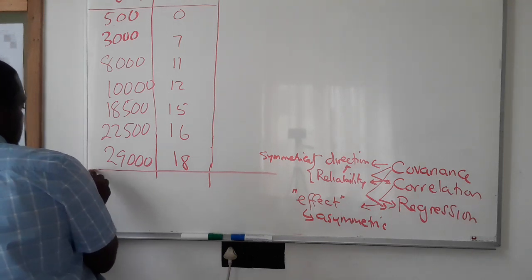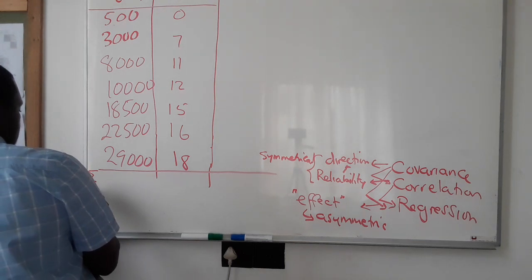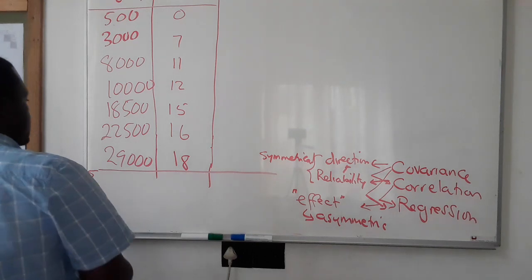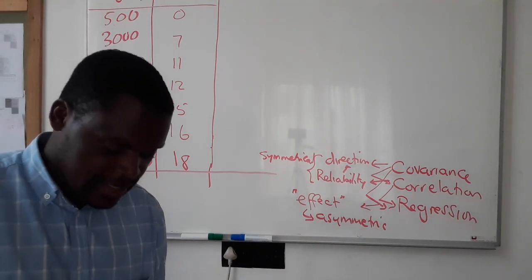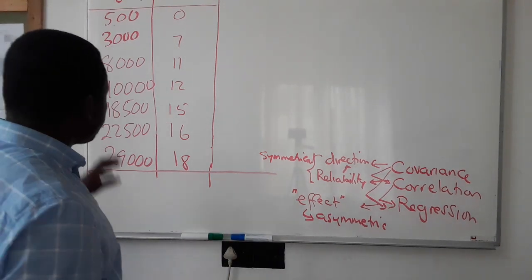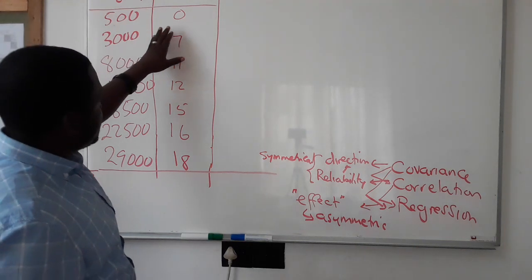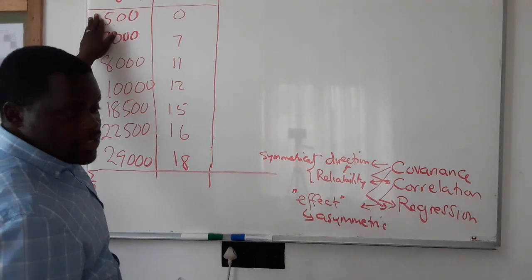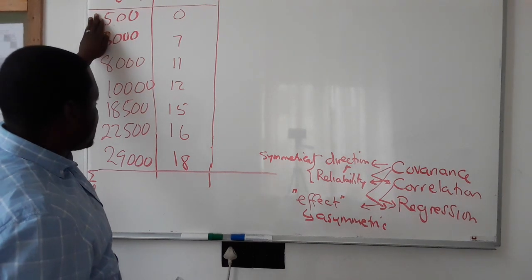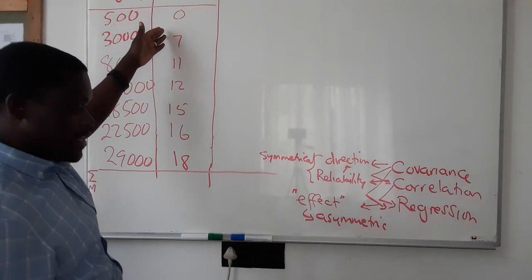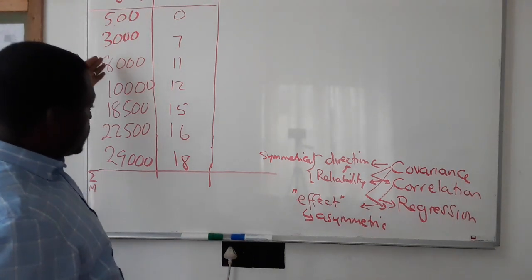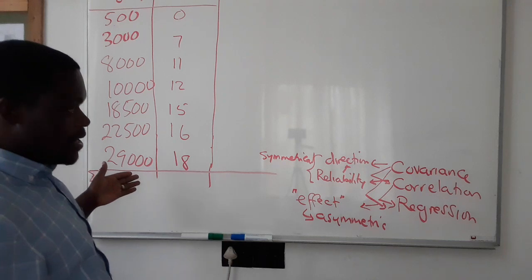I'll just use this Greek symbol which means to add. Then I want the mean from that. Those are the two things I need. So here what we're saying is if you never went to school, this is what we expect you to earn per month in the labor market. As your years of education increase, your wage rate tends to increase per month.